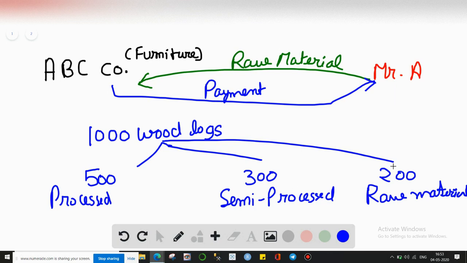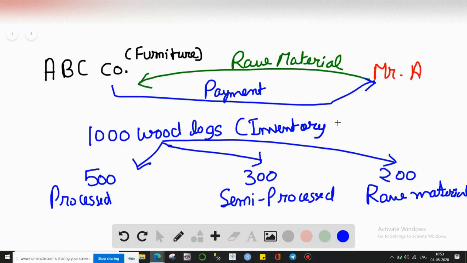So 200 wood logs have not been processed yet, 300 wood logs have been semi-processed, and 500 processed furniture products are not sold to the customer during the current year. So these 1,000 wood logs will be shown as inventory in the balance sheet.